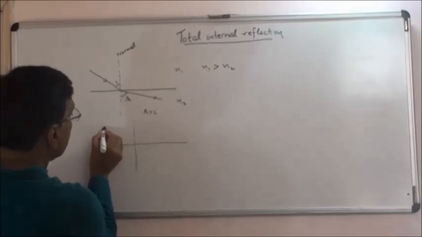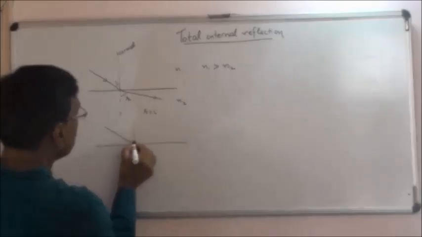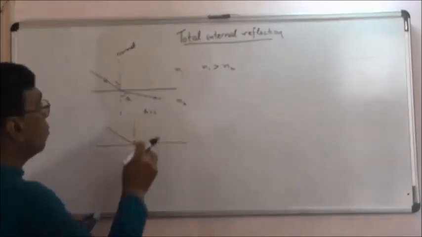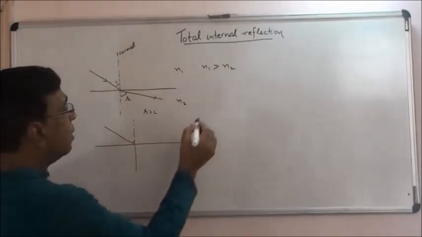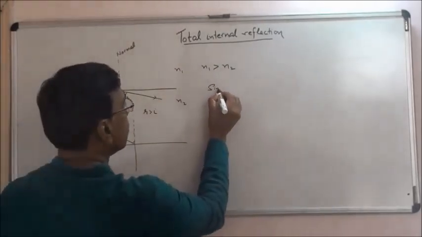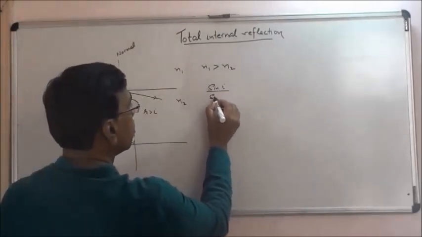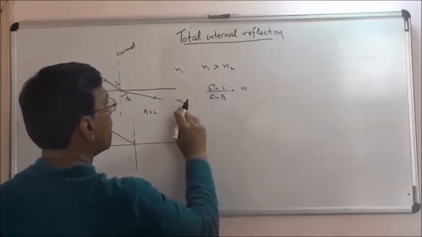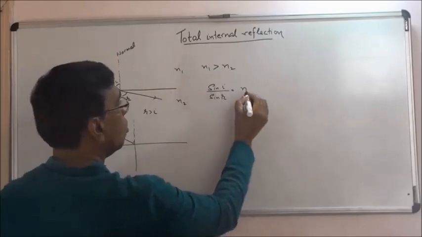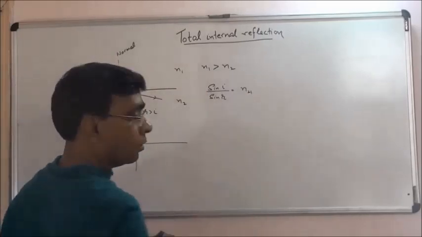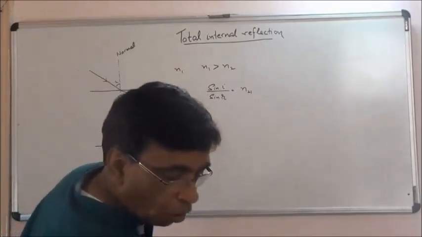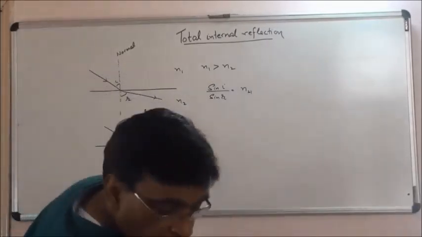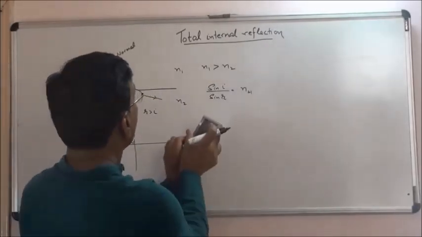Let me take it slightly greater than this value. So this R will keep on increasing. Sin I upon sin R, Snell's law, is the refractive index of the second medium with respect to the first, n2 1. Or I can write it denser or rarer.